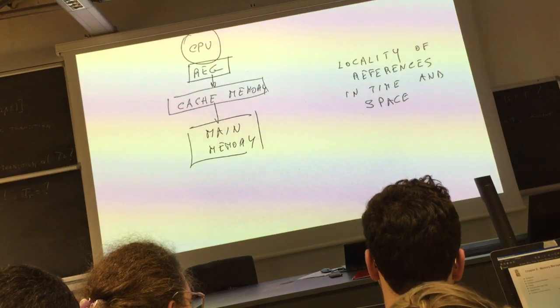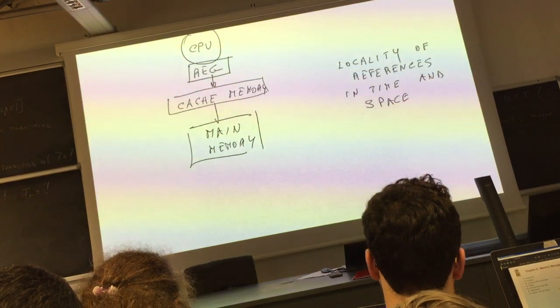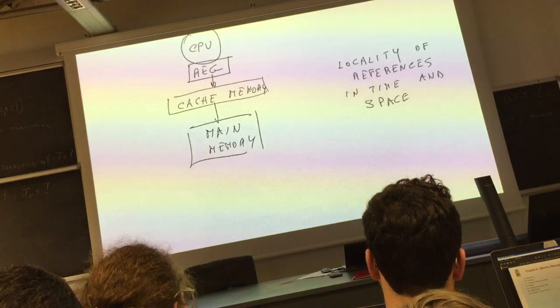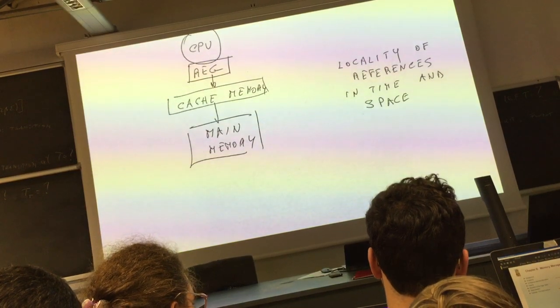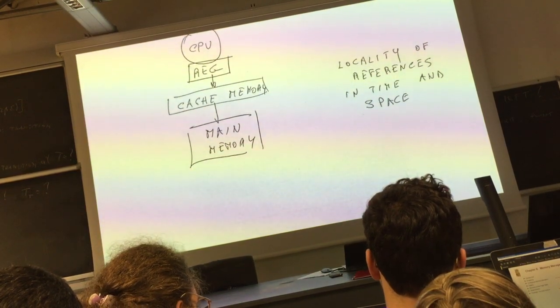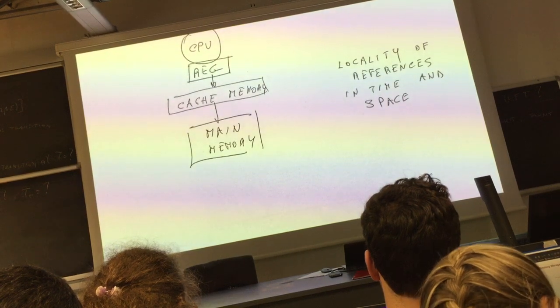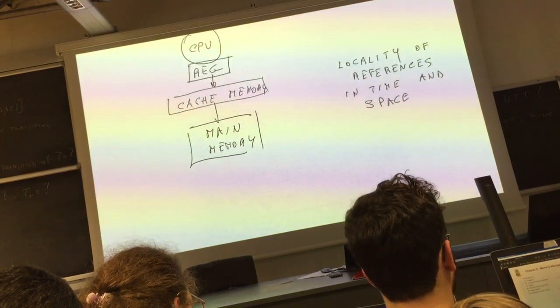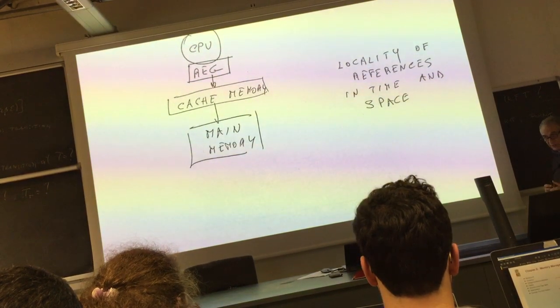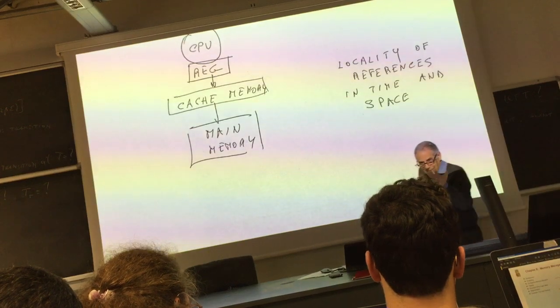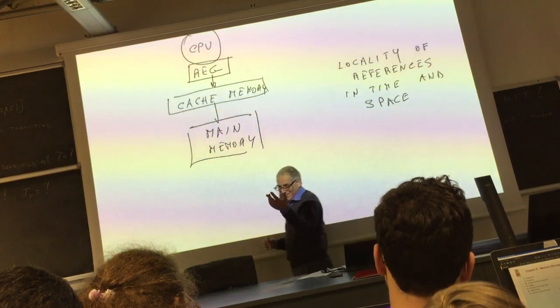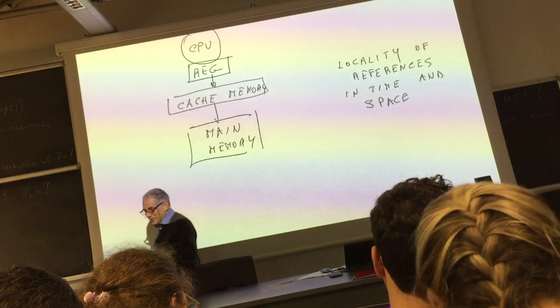Second, when a program runs, it uses some data, maybe arrays or matrices. So it's extremely probable that when you have made a reference to the first element of the array, the next element will be the second, or the third, and so on.